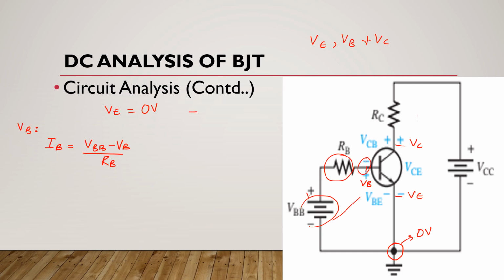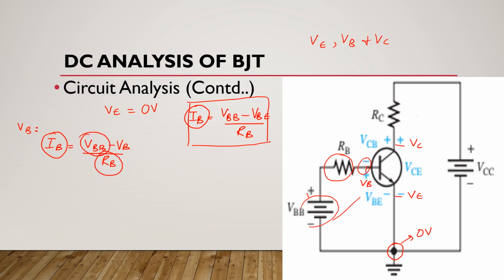And from our previous slide, we know that the formula of DC base current is VBB minus VBE divided by RB. So after finding the value of base current from this equation, we put this value here. Now we know the value of VBB and we know the value of RB. So this is how you will find the nodal voltage of base, which is VB. Now what about VC?